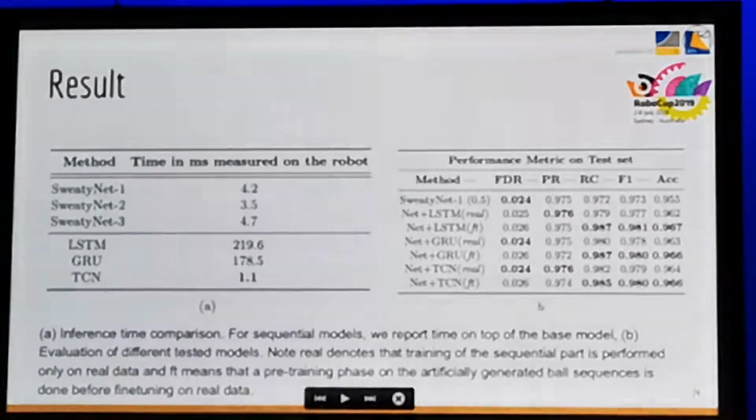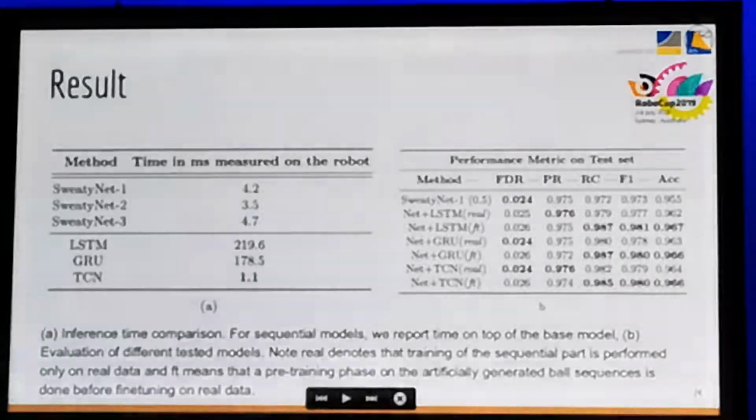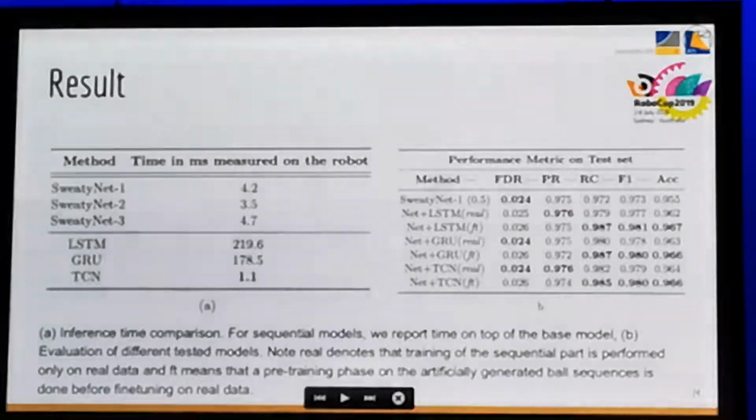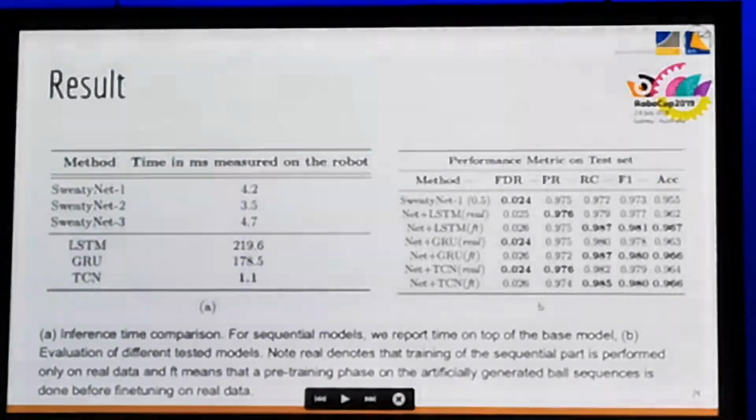And on the right, you can see the detailed report of our experiment. Real means that we only trained it on real data for the temporal part, and FT means that we first pre-trained it with the synthetic data set, and then we fine-tuned it with the real data.